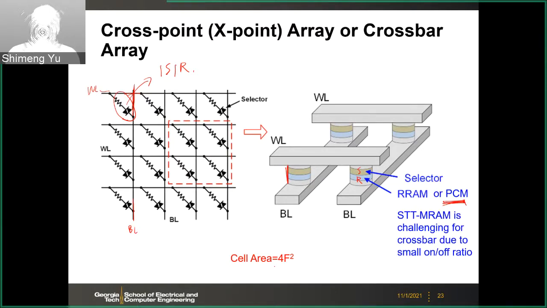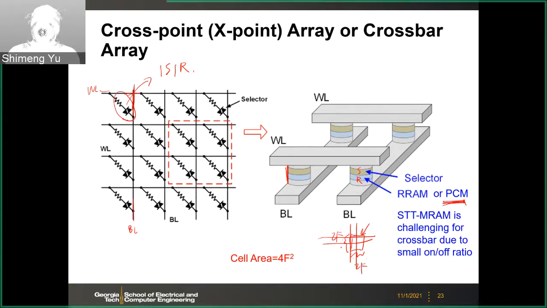So here, theoretically, you can get 4F squared in the two-dimensional space, right? Here you only have the word lines and bit lines, as we discussed. With wires like this, you get 4F squared for the cell, because you have 2F for the wire and spacing, and 2F for the wire and spacing between wires.